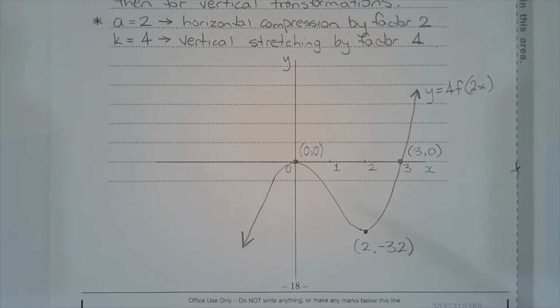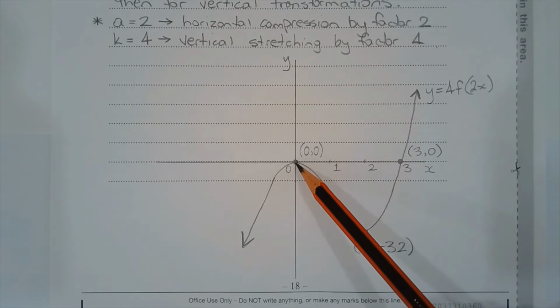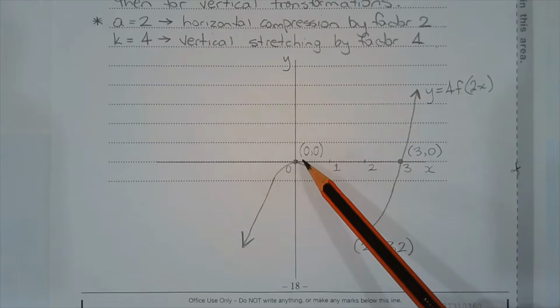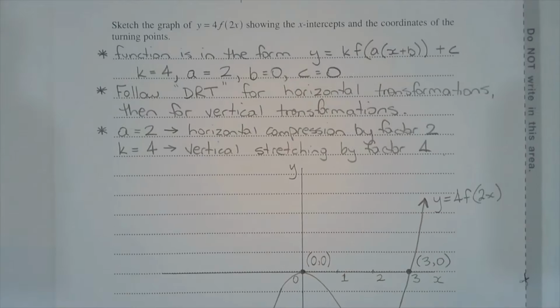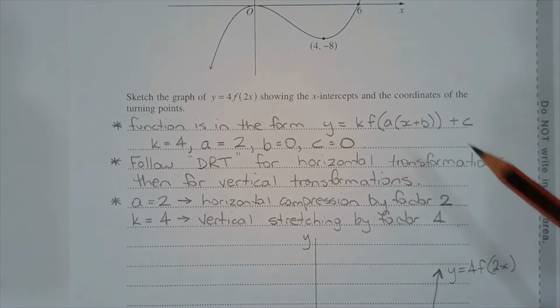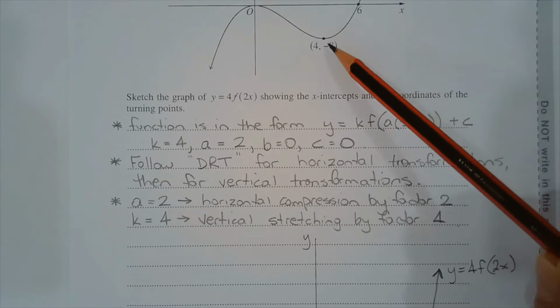Putting all that together, the sketch of the transformed curve may look something like this. The origin has not been transformed at all, since dilating the origin just results in the origin itself. Horizontally dilating the stationary point, so that's 4, negative 8. The 4 is divided by 2, but the negative 8 is multiplied by 4.